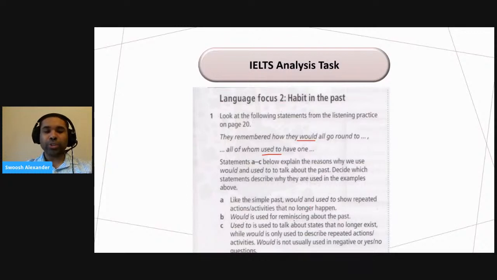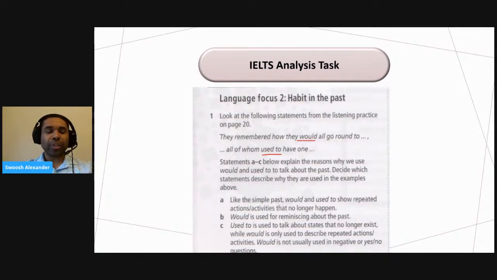Or B, would is used for reminiscing about the past, so thinking about the past. And C, used to is used to talk about states that no longer exist, while would is only used to describe repeated actions or activities. Also worth noting, would is not used in negative sentences or yes/no questions. It's not usually used in those contexts.